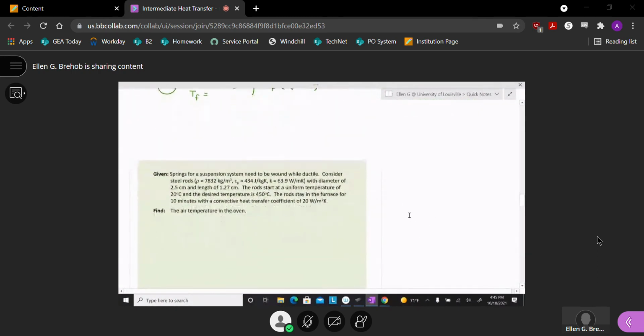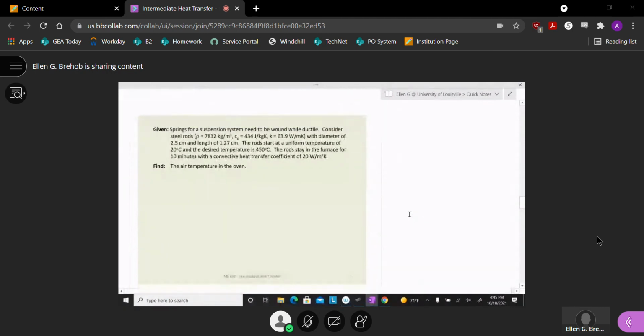Okay. We're going to do a quick calculation, and this is going to be a type 1, the one where we have just a constant value for convection. So it says springs for a suspension system need to be wound while ductile. Consider steel rods, and they tell us the big 3 properties, with a diameter of 2.5 centimeters and length of 1.27 centimeters.